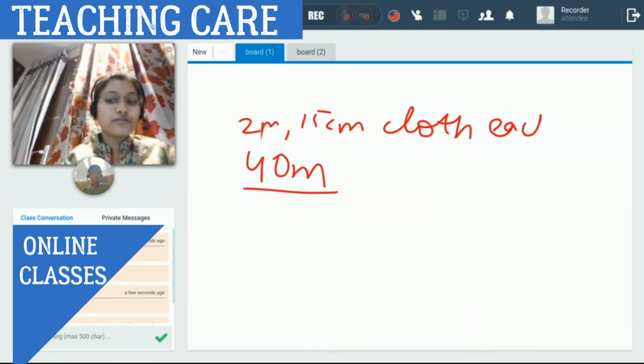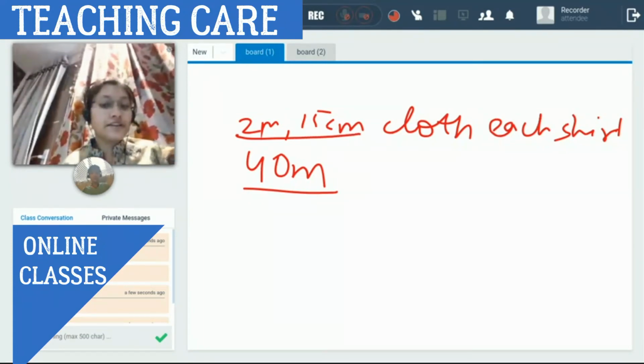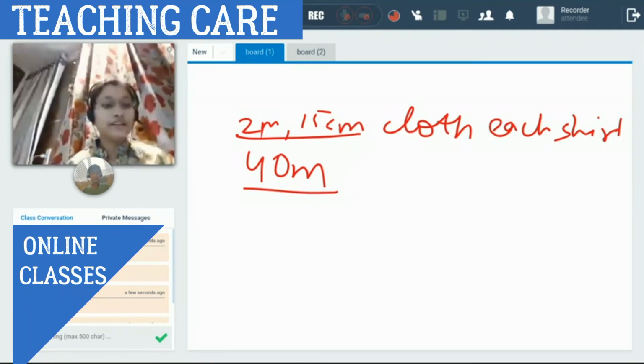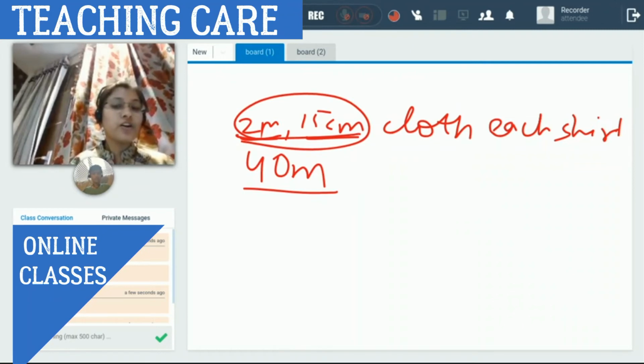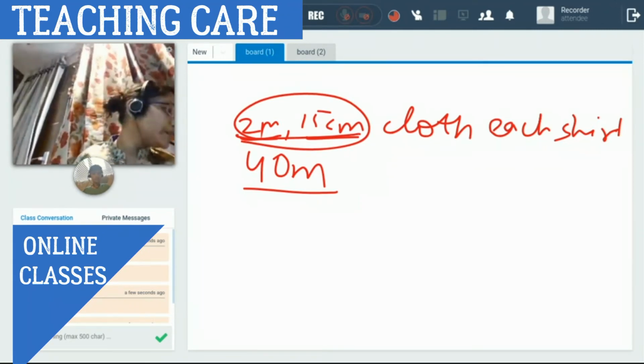Each shirt requires 2 meter 15 centimeter cloth. So how many shirts can I make out of it? First thing in this type of question, either convert the complete thing into meter or the complete thing into centimeter.